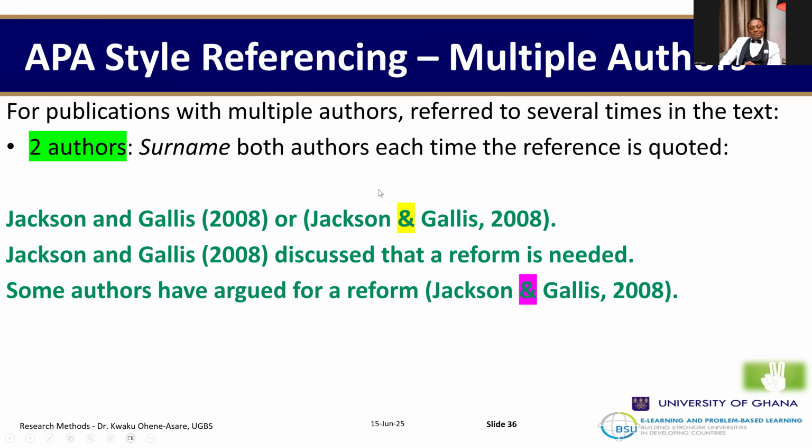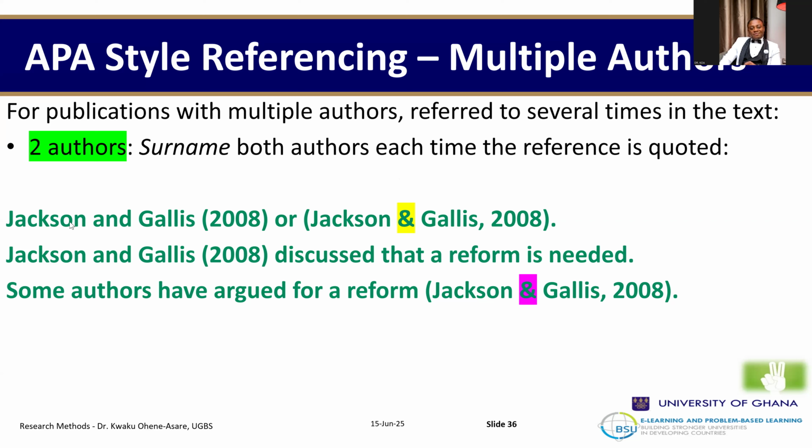Okay. Now, multiple authors. For publications with multiple authors, refer to several times. Two authors: you have to use the surname of both authors each time the reference is quoted. Watch the words.